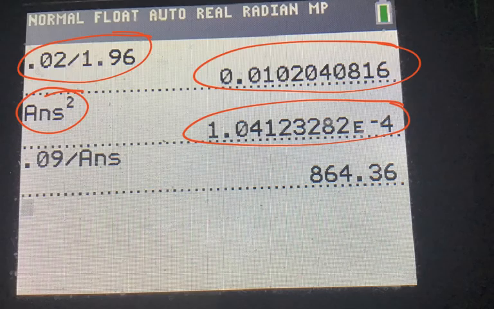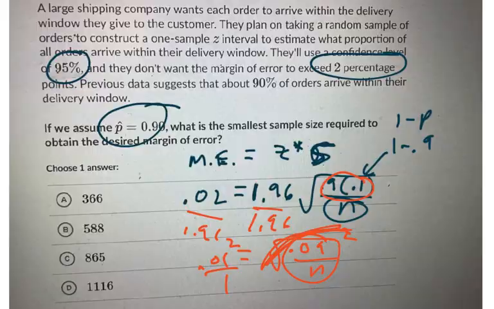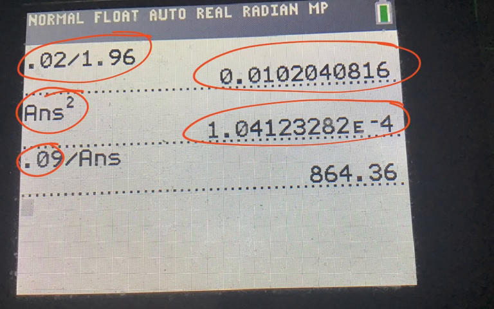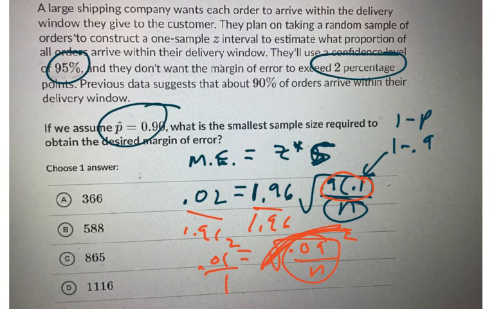And as we talked about in class, once the square root is gone, we could do cross multiplying, and we end up dividing 0.09 by this scientific answer. And here, of course, we would round this up to 865. And that's why we would choose C.